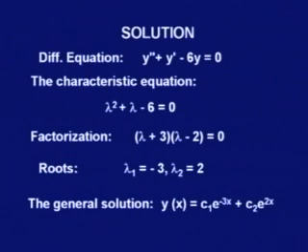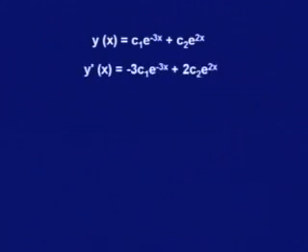Now, for the initial value problem, the particular solution: the general solution is C1 e to the power minus 3 x plus C2 e to the power 2 x. This gives y dash as minus 3 C1 e to the power minus 3 x plus 2 C2 e to the power 2 x.